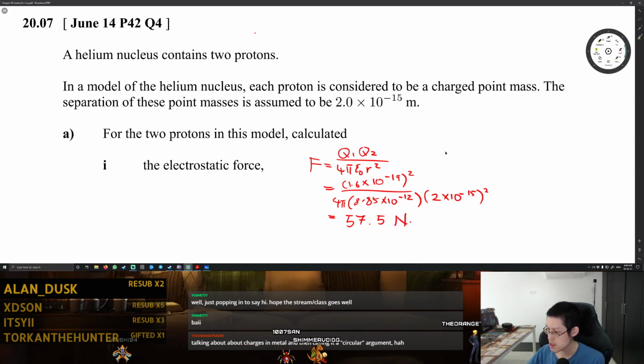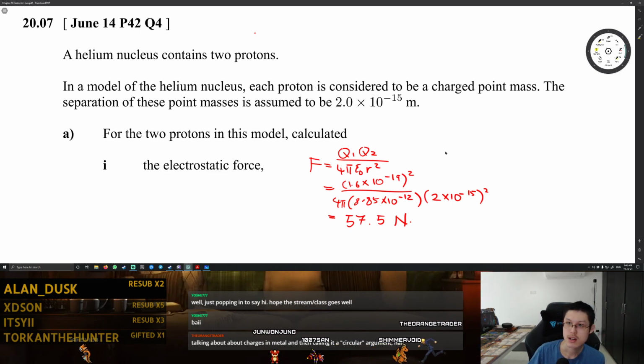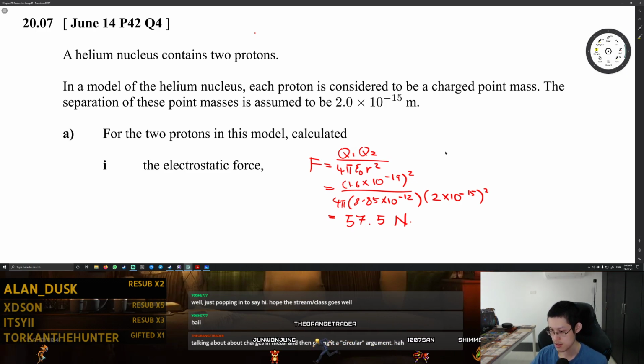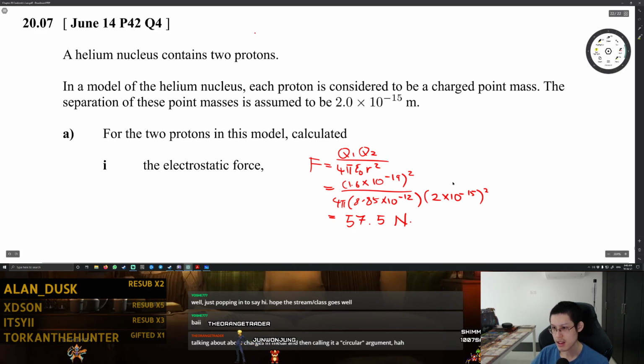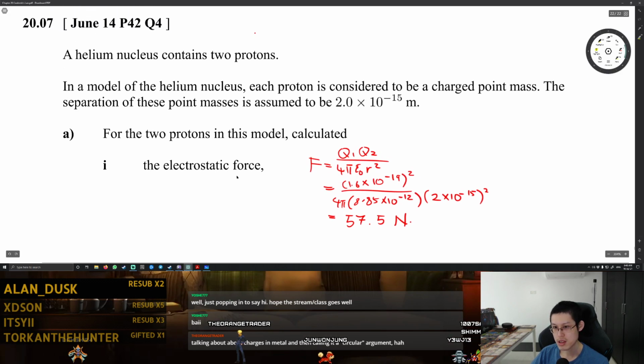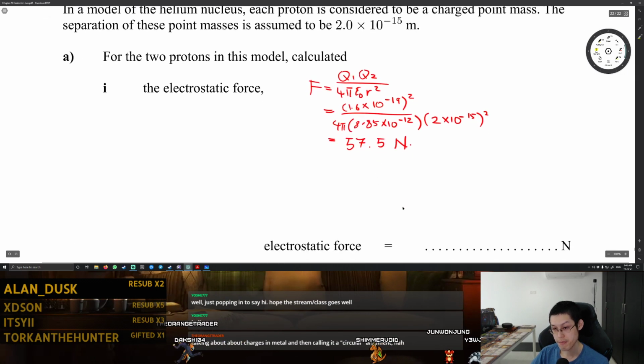And as you can see, that is a crazy huge force between two protons. Considering the protons are so small and the masses are so tiny. But the electrostatic force, the force of repulsion between the two protons, is so huge, right?